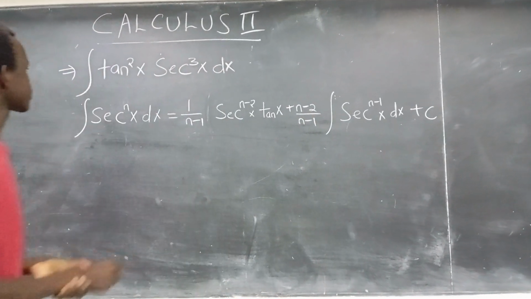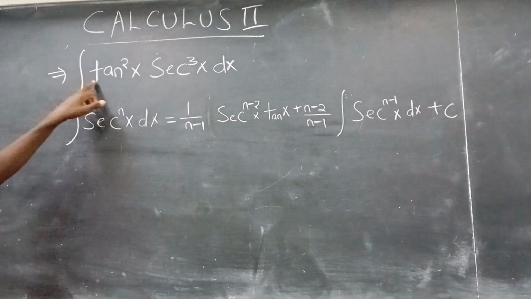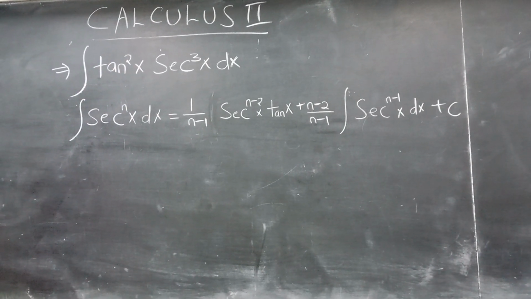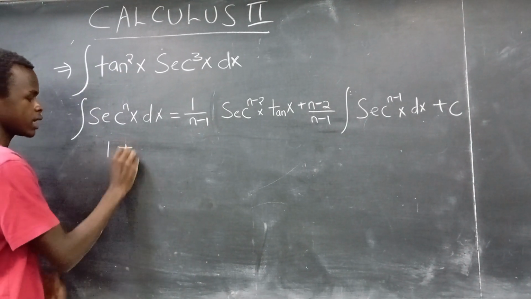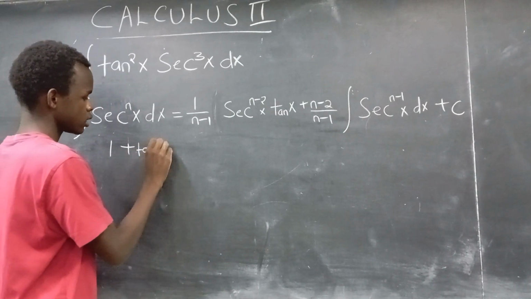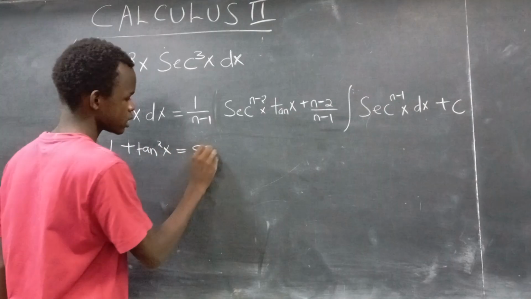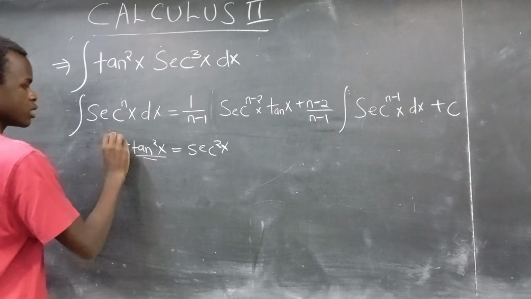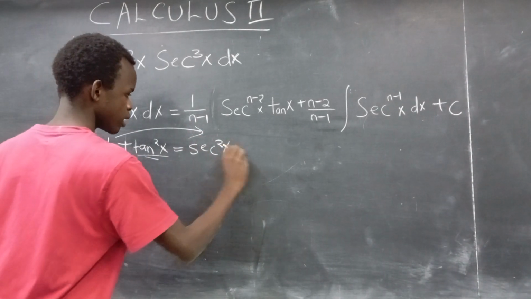I'll replace tan squared of x with my Pythagorean identity, which says 1 plus tangent squared of x equals secant squared of x. So for tan squared of x, I'll take my 1 to the other side and get minus 1.